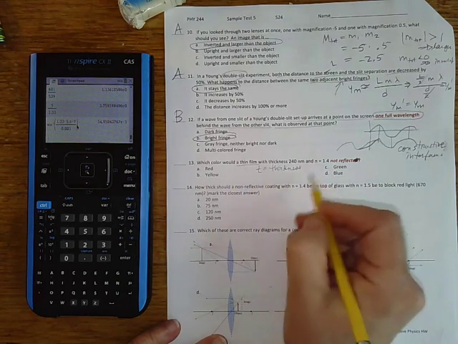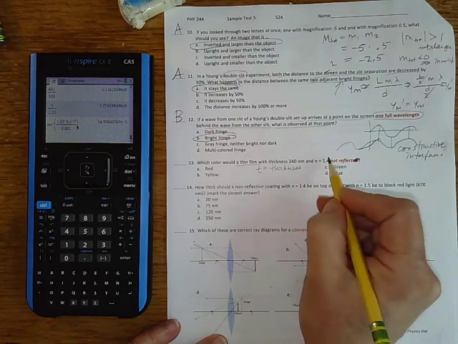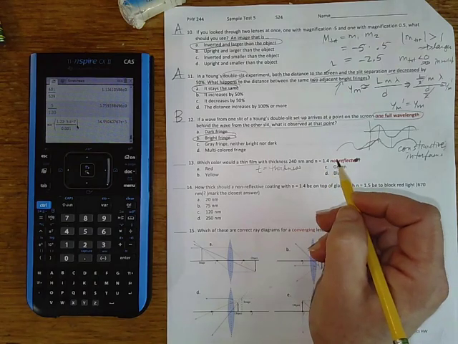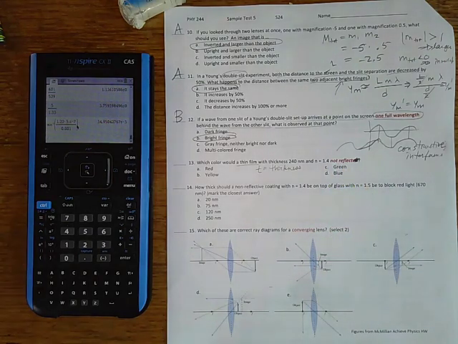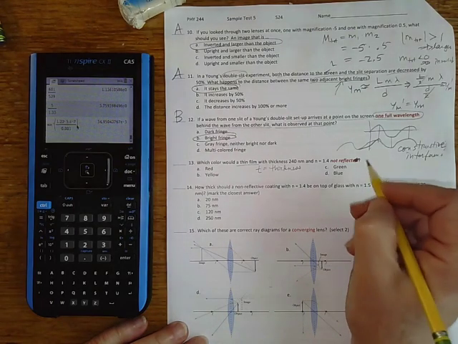We'll assume it's a thin film in air, and so the n of the film is higher than the n of the surrounding material. So we can use our equation for destructive interference for a thin film.